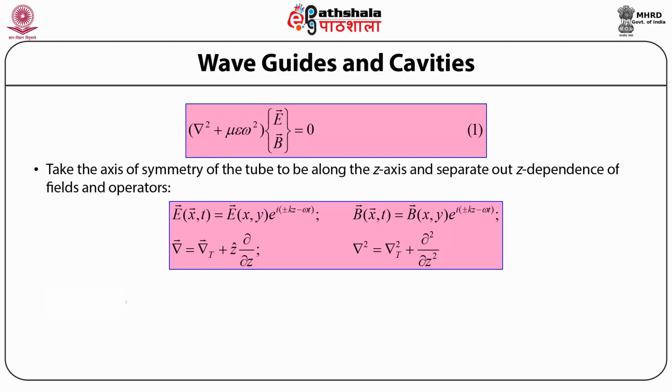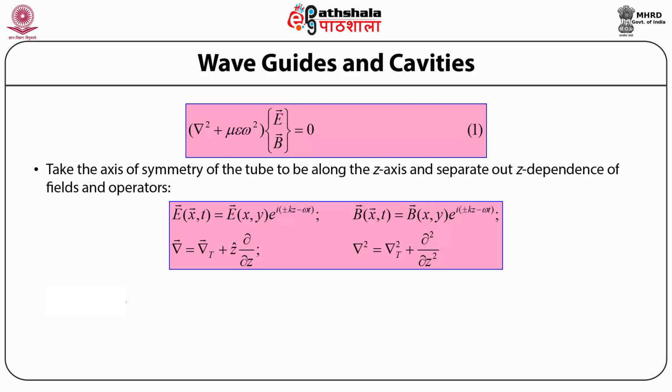The del operator can also be written in terms of the z component and the transverse component, given as del vector equals del vector subscript t plus unit vector z times ∂/∂z, where del vector subscript t denotes the transverse component, or the component lying in the xy plane.